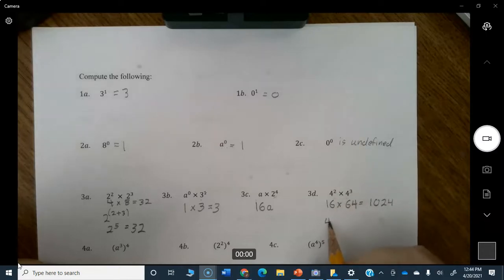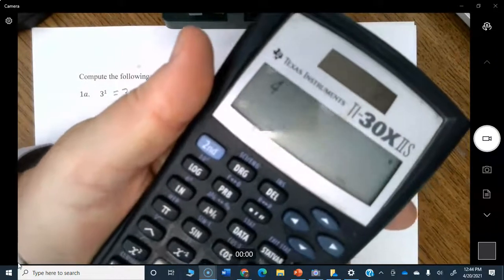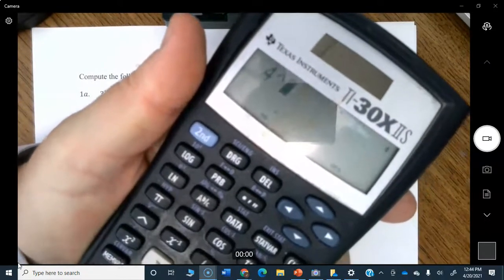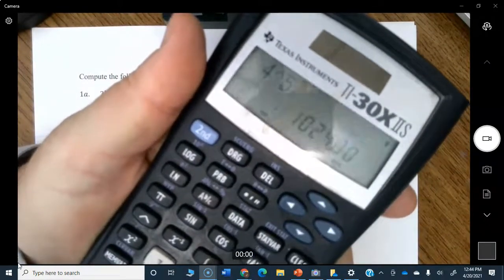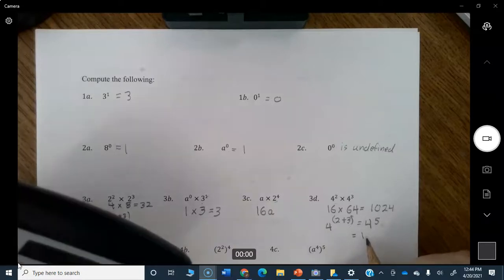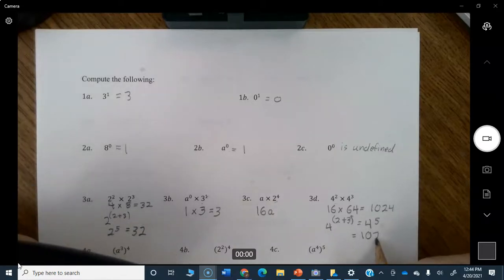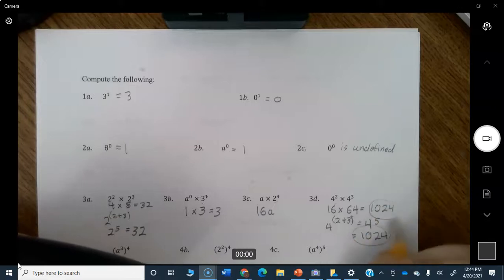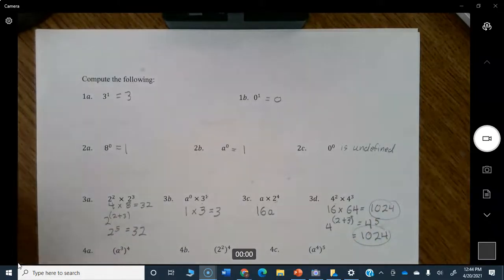Now 4 raised to the 2 plus 3 equals 4 raised to the 5th. So on this calculator I can say 4 and caret, that means exponent, 5, and that's going to equal 1024. So they both equal the same thing. In a number of these problems, I want you to just verify that 2 different versions of the same equation will give you the same answer. Okay, so you get the same answer there and there.